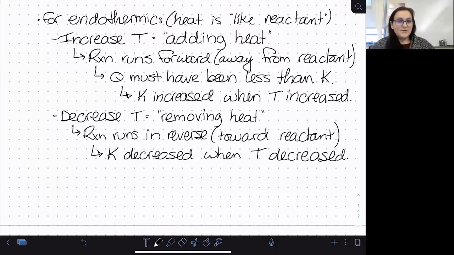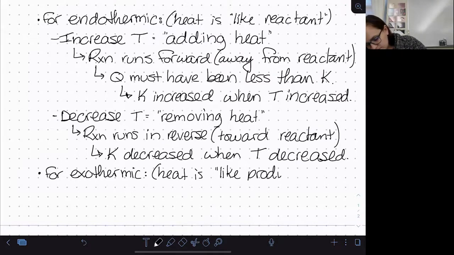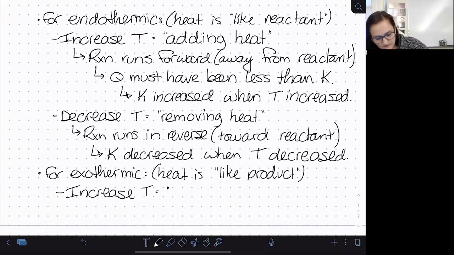And now for an exothermic reaction, basically everything is just reversed. Since the heat term appears on the product side instead of the reactant side, the reaction to the change is going to be opposite. So for an exothermic process, where heat is like a product, increasing the temperature is essentially like adding a product.